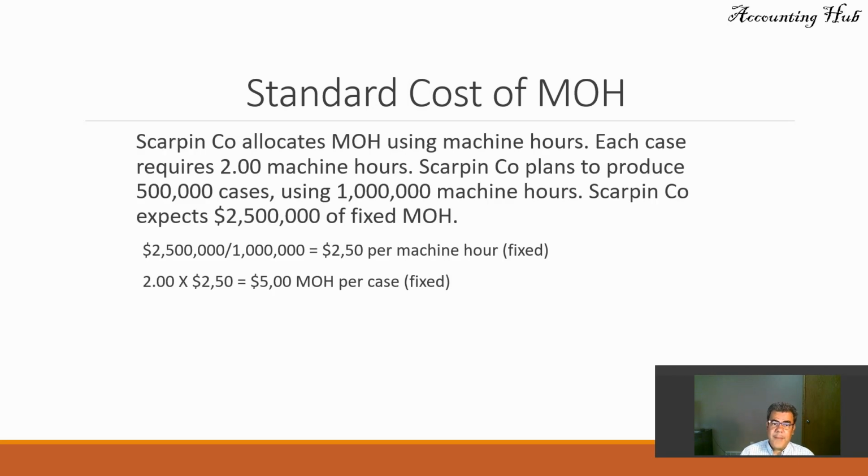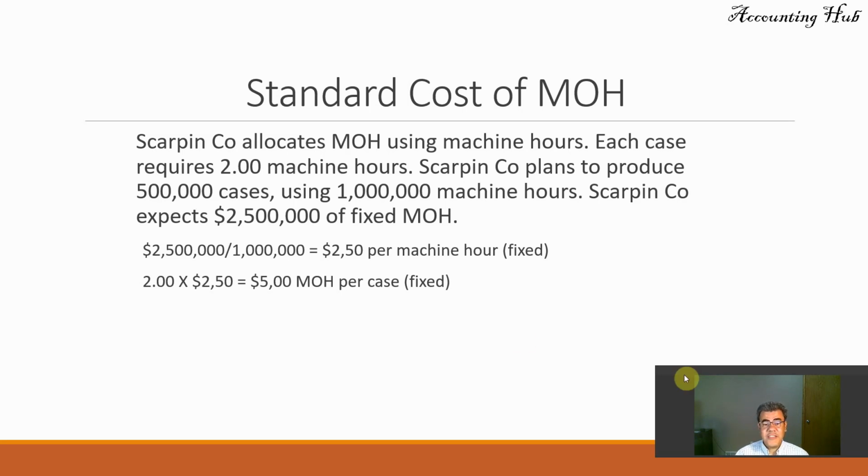For instance, Skyping Corporation, our fake company, allocates manufacturing overhead using machine hours. Each case requires 2 machine hours. Skyping Corporation plans to produce 500,000 cases using 1 million machine hours, and we expect $2.5 million of fixed manufacturing overhead.